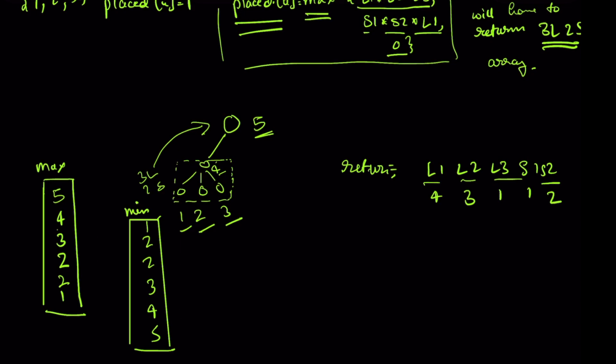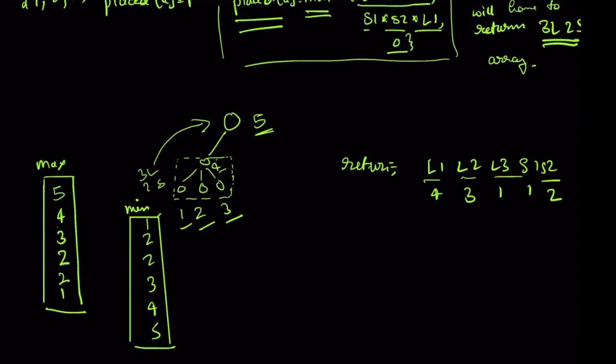Now if we have all the values of this node, we have to find the three largest and two smallest. So the three largest will be 5 4 3, and the two smallest will be 1 and 2. What you see here is, if you had taken the max heap, the maximum 3 would have been 5 4 3, 1 being the next, and the minimum 2 will be 1 and 2.